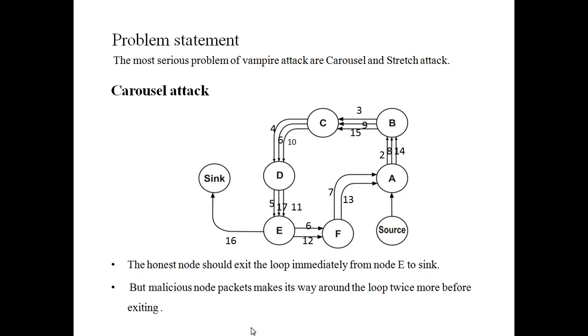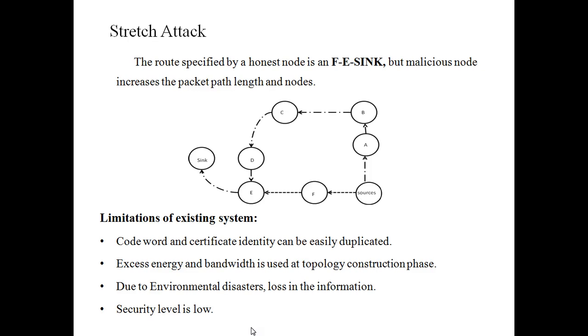The figure shows the honest node is node E2 sync, but the malicious node introduces loops between nodes, and it increases the energy usage for packet forwarding between source and destination. The stretch attack increases the packet path length for transferring a packet from source to destination. So this also increases the network's energy usage.